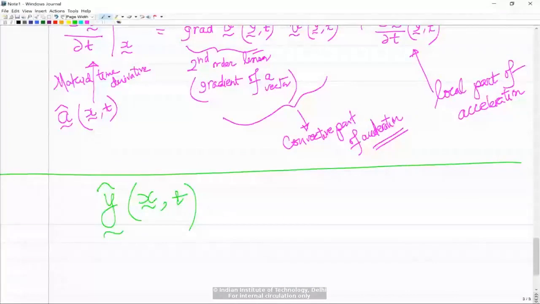When you just say y without the hat, y is just a position in the three-dimensional space, okay? And at that position, you can have different particles passing through at different times. But when you say y hat, this function, it is supposed to imply this deformation map.